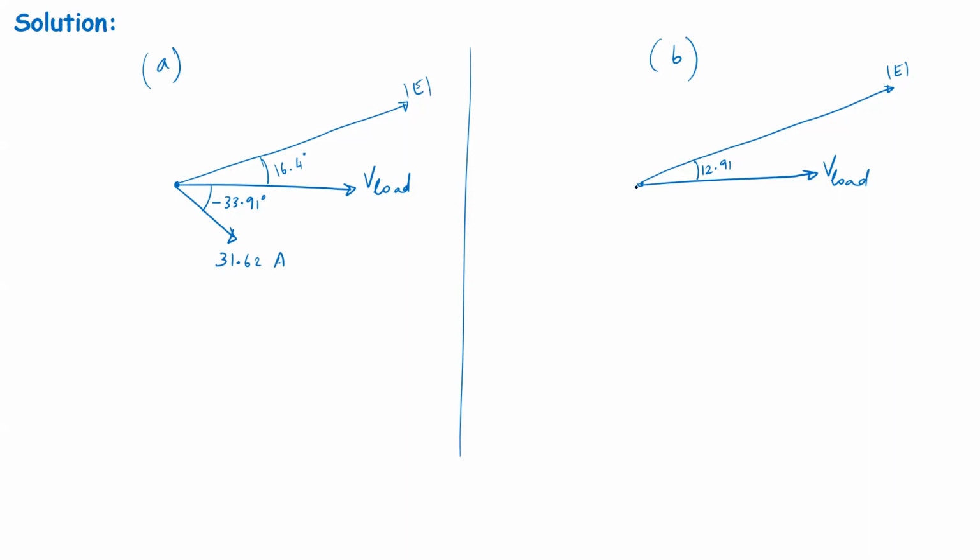And consequently, you will see that the current value has gone wider. It has now become minus 42 degrees. And the current magnitude is 28.333 amperes. Okay. The magnitude of current has gone down, but it has gone wider than what it was previously.